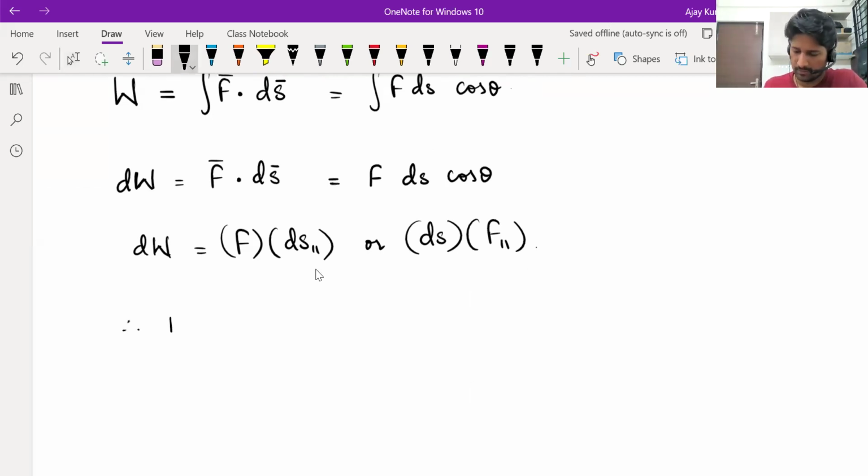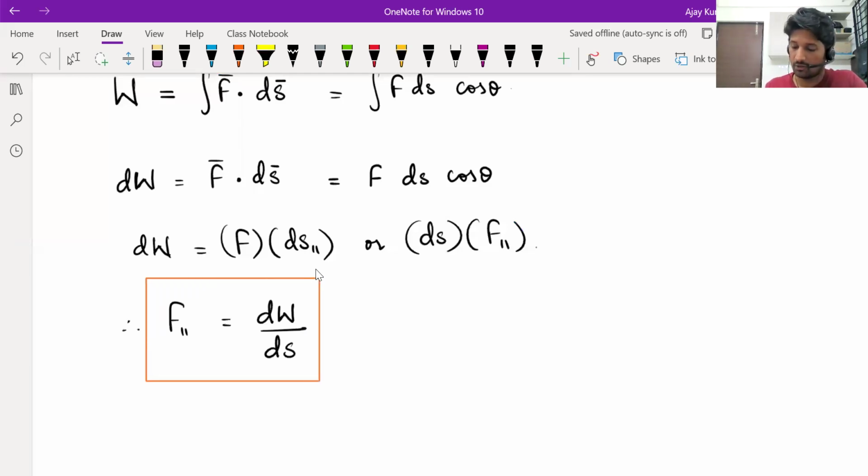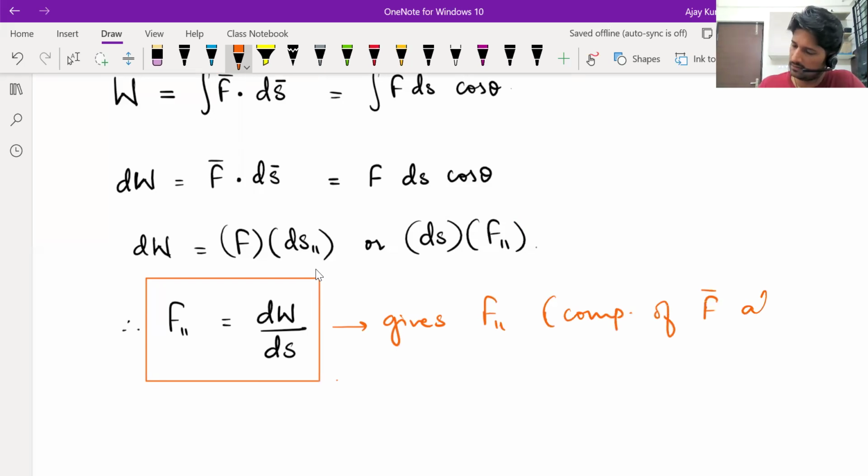Therefore, the parallel force can now be written as dW by ds. Small amount of work done divided by small displacement. That gives you the component of force along the displacement. It gives you F parallel. That is the component of the total force acting along the displacement ds.